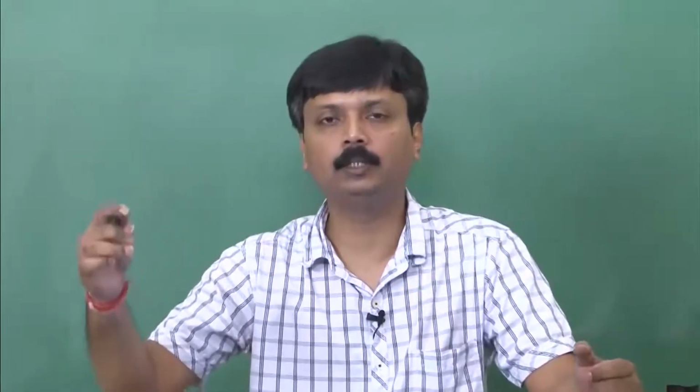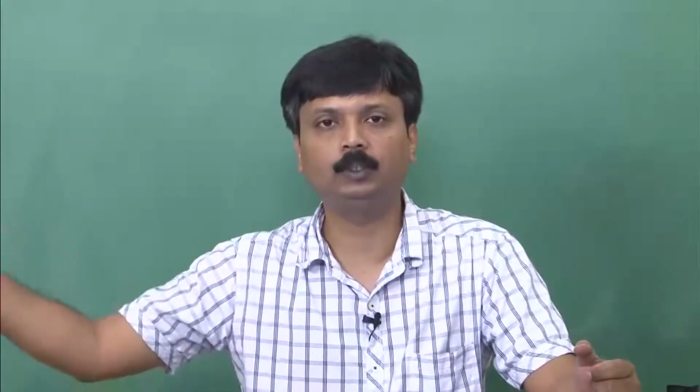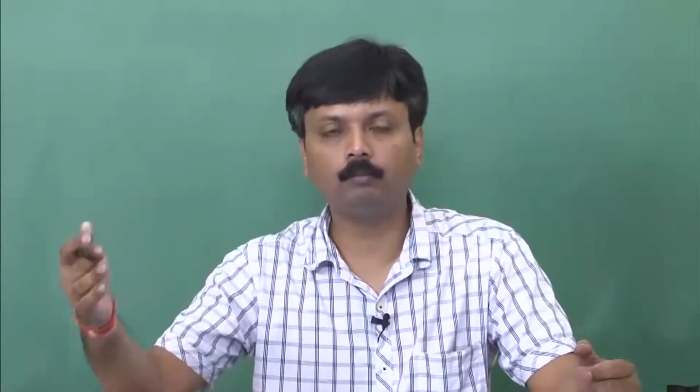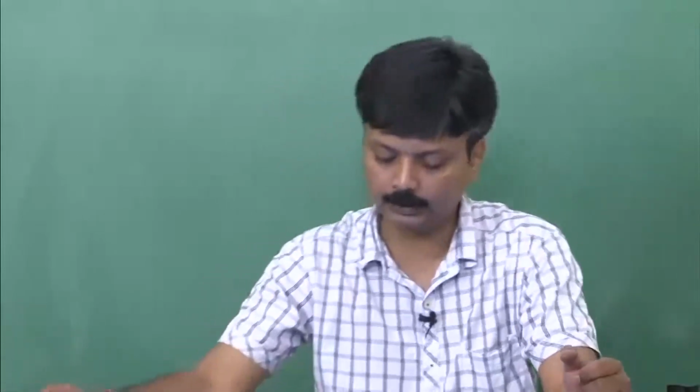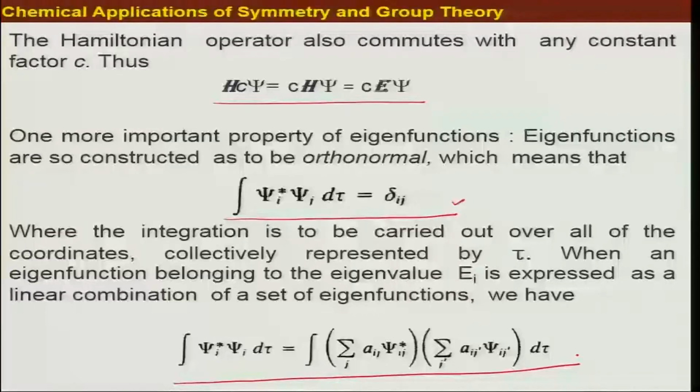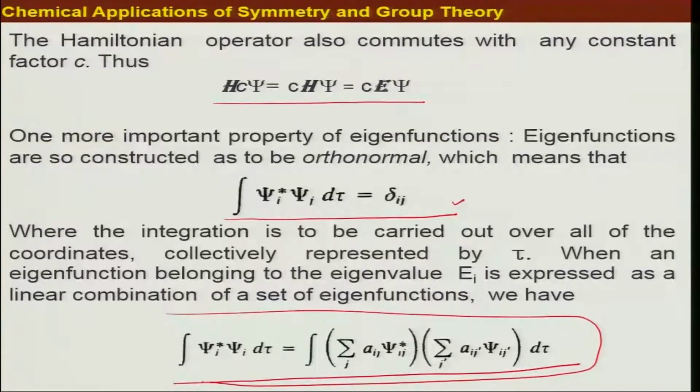So psi equals, say, psi i, psi j, psi k, and so on. There will be coefficients like c i, c j, c k, and all these things. So that is given here, that this energy also can be expressed as a linear combination of a set of eigenfunctions.